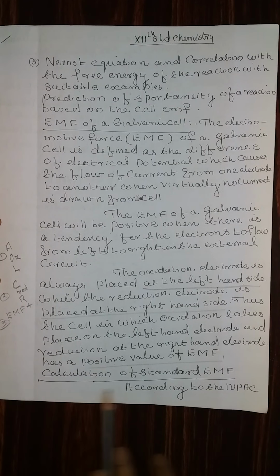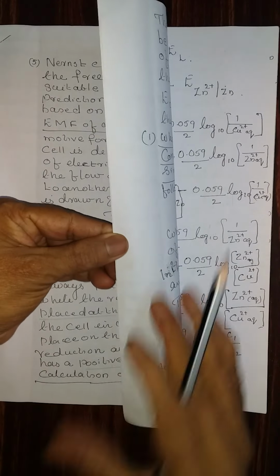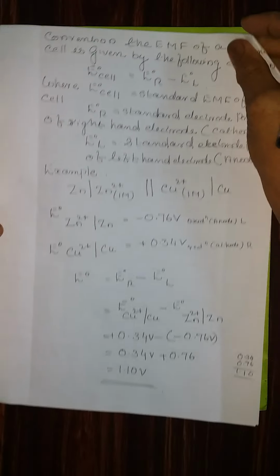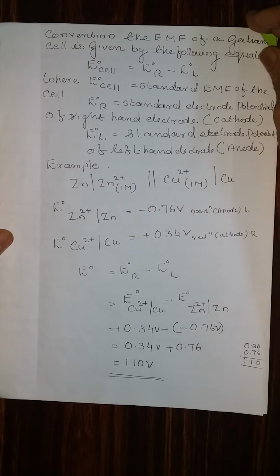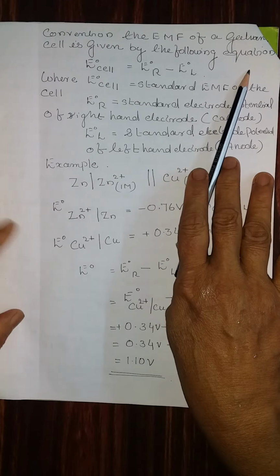Now, calculation of standard EMF. According to the IUPAC convention, the EMF of a galvanic cell is given by the following equation.